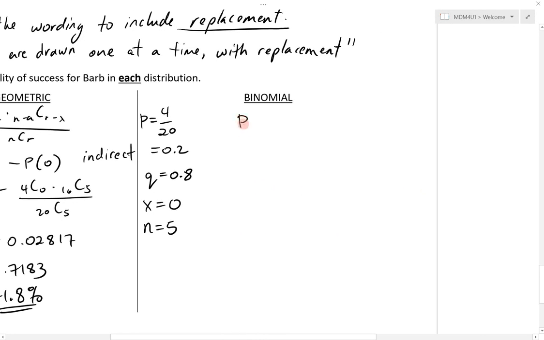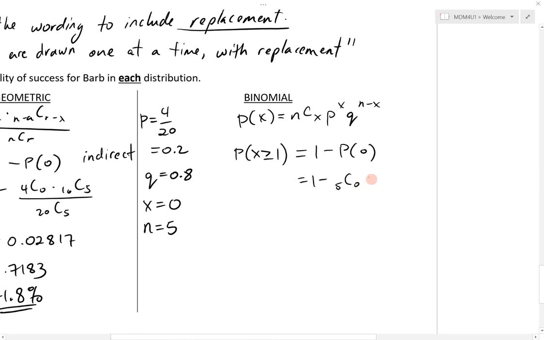So the binomial formula is n choose x, p to the power of x, q to the power of n minus x. So the probability of choosing at least one or more is equal to 1 minus the probability of not choosing any of your friends. And so that's going to be 1 minus 5 choose 0 times 0.2 to the power of 0 times 0.8 to the power of 5.